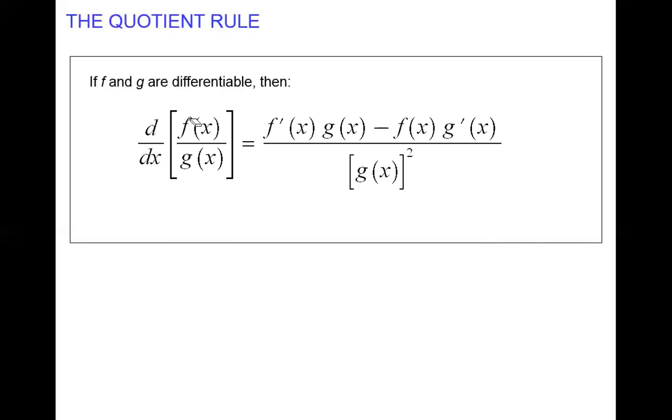Having a quotient of two differentiable functions f over g, the derivative of this is as follows. F prime g minus fg prime, all over the original function from the denominator squared, g squared.